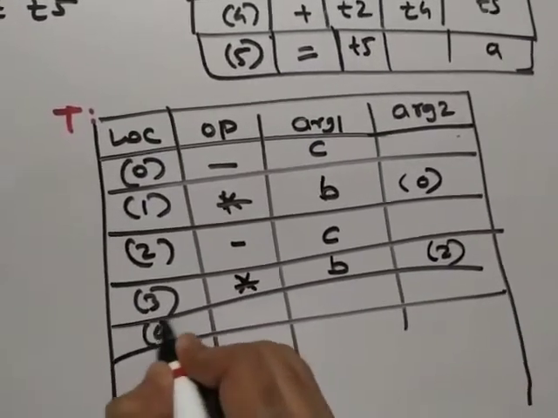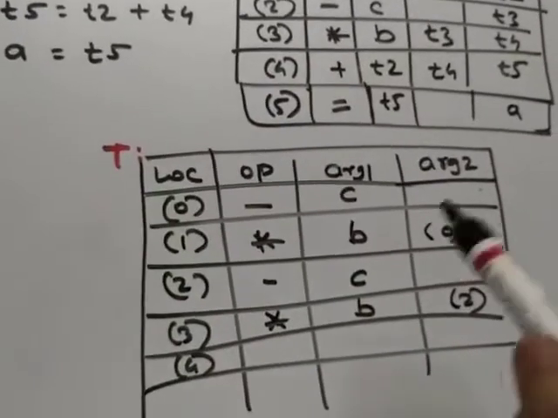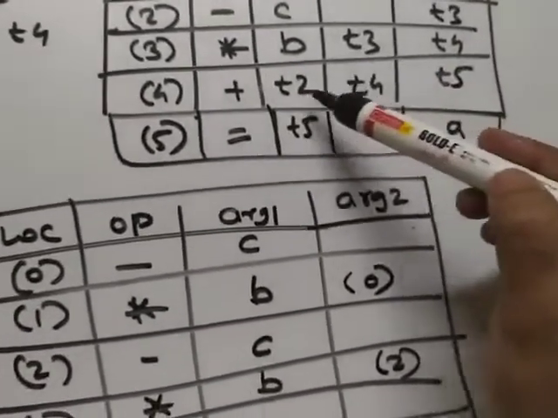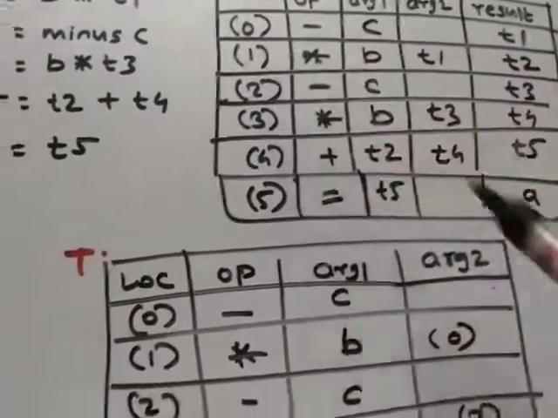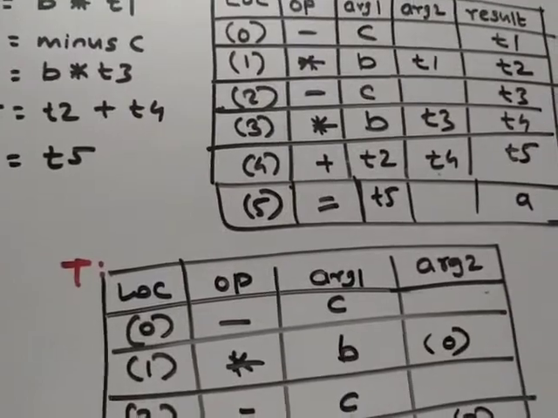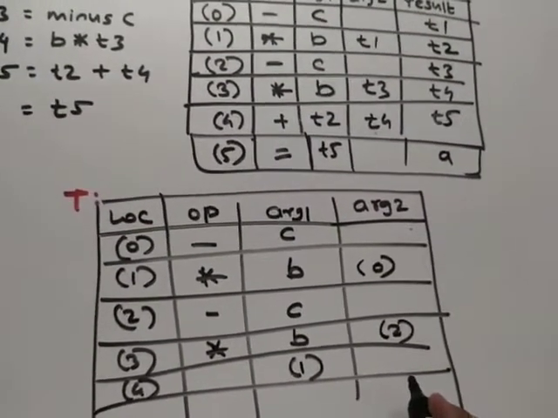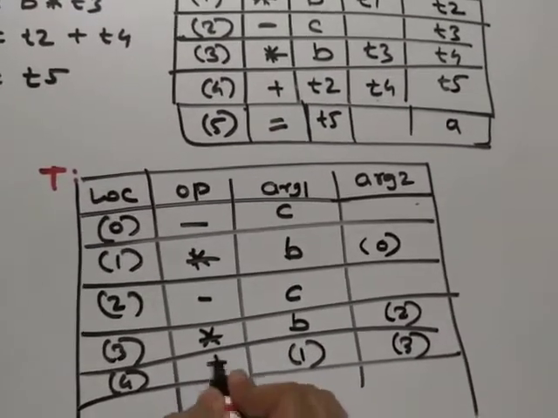Next will be the fourth statement, B into T3, which we have already obtained. Now next will be C, T2 and T4. Where is T2? T2 is at location 1, so location 1 is taken, and T4 is at location 3. So 1 and 3 are taken, and their addition.